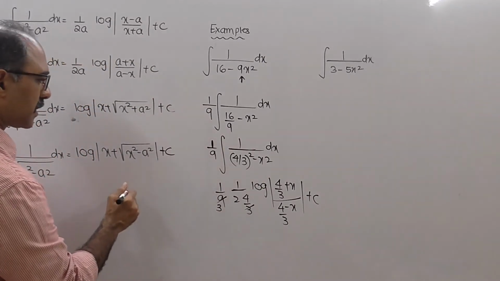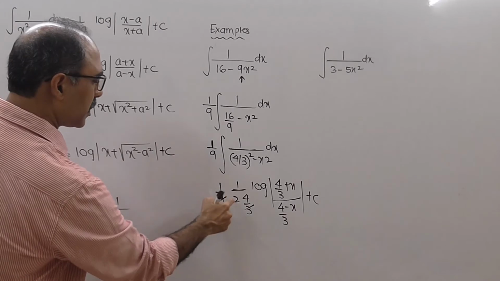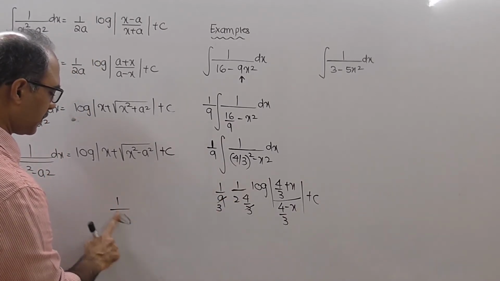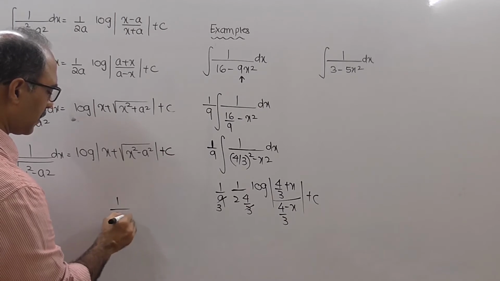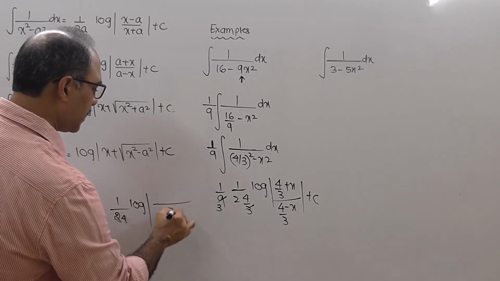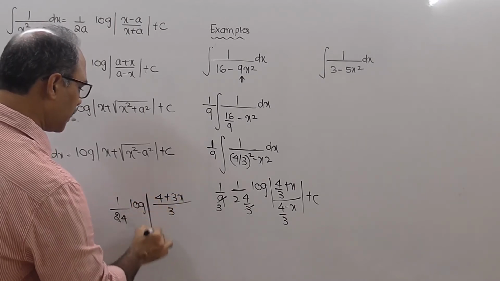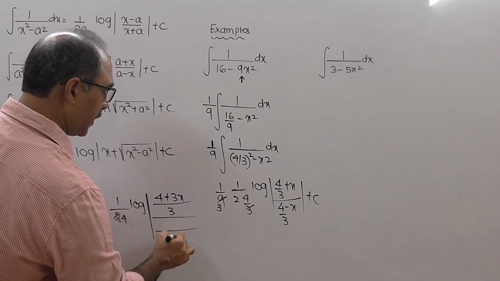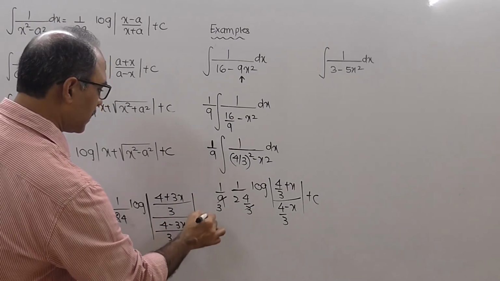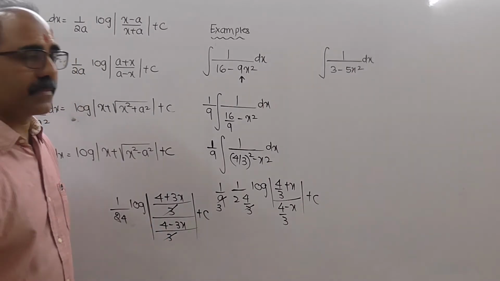So it becomes 1 upon 3, 2s are 6, 6 4s are 24. Okay, I am writing it directly. 24 log modulus, take 3 as LCM, you get 4 plus 3x, and here you take 3 as LCM, you get 4 minus 3x and plus c, cut this 3 and 3, you get the answer.